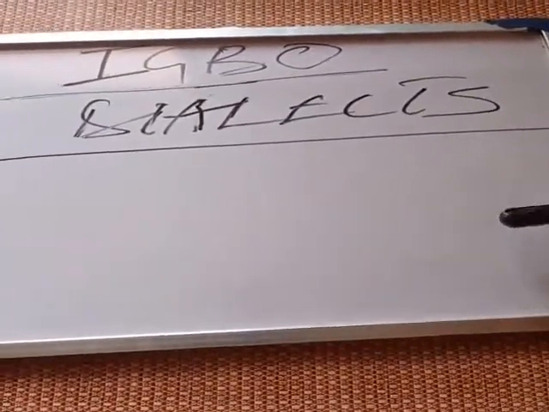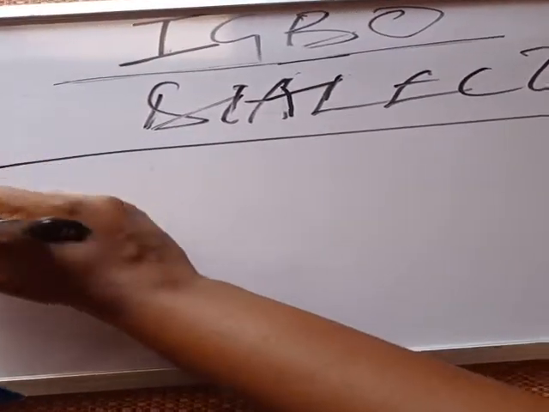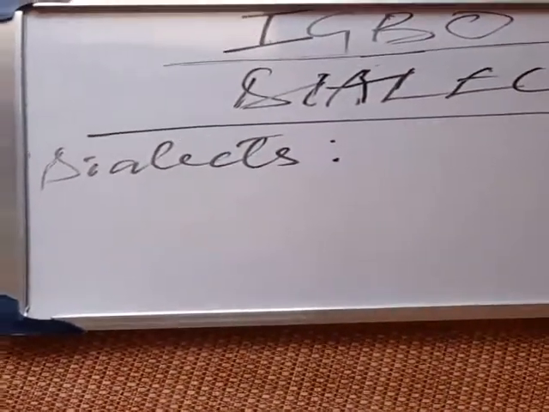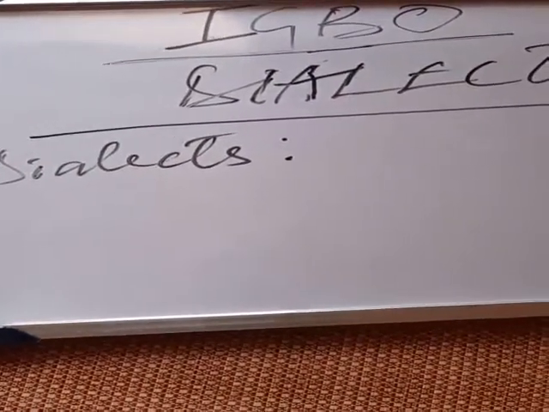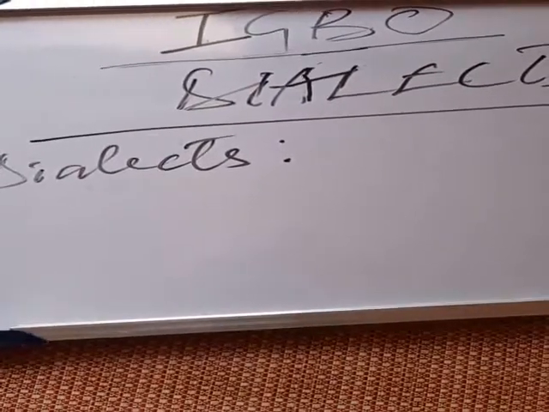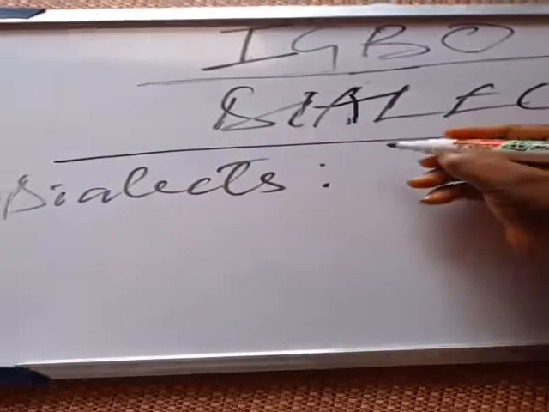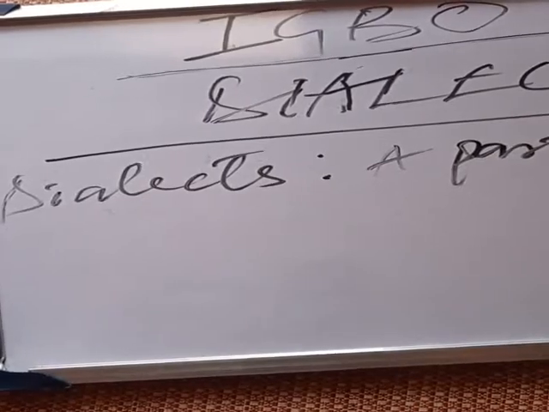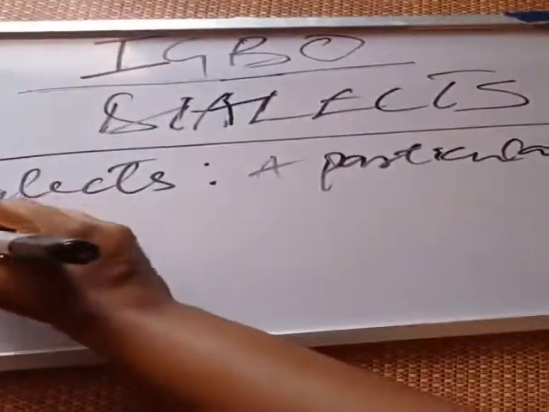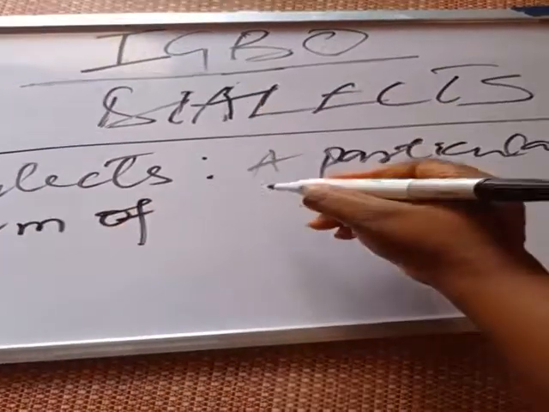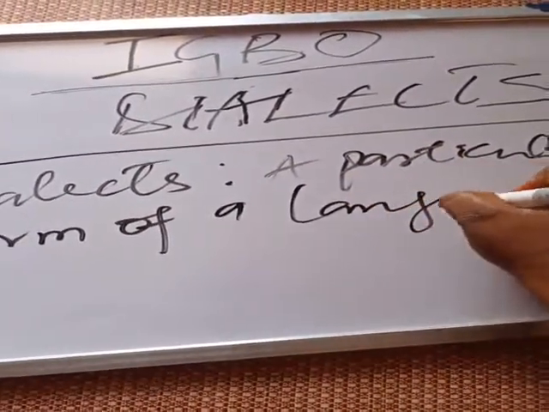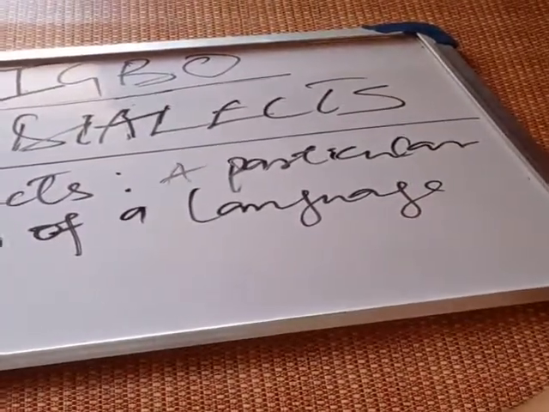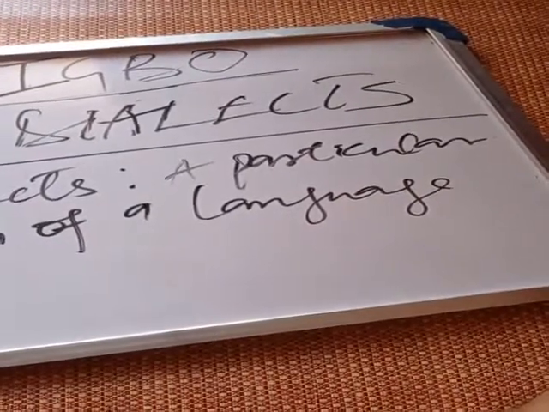Okay, we'll start from the definition of dialects. A dialect is a particular form of a language which is peculiar to a specific region or social group.